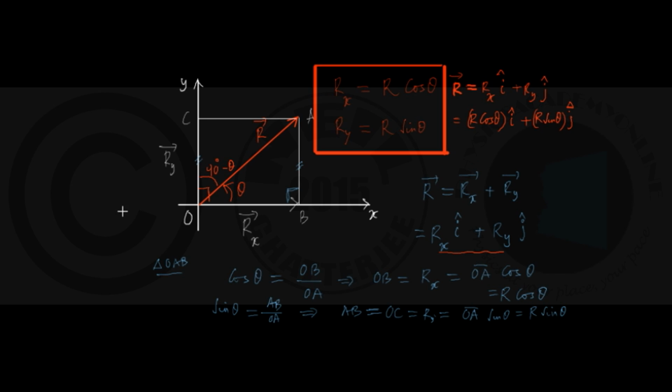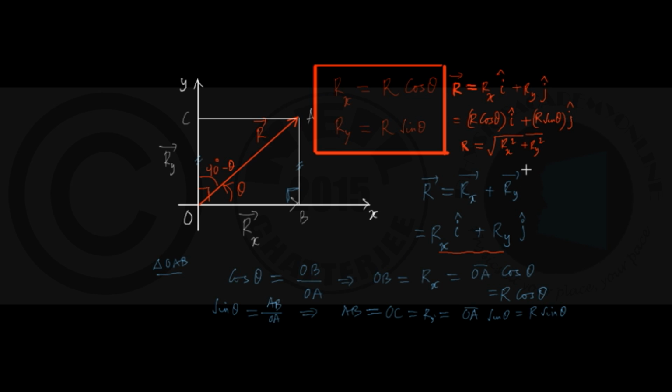If rx and ry were known, you can go by the reverse way and could show that r is given by, we can add some more results here, and I could write down that if rx and ry were known, you should be able to show that r is equal to square root of rx square plus ry square. That you must be showing.